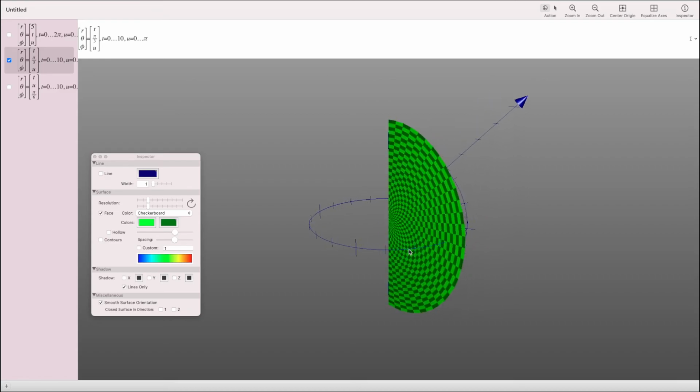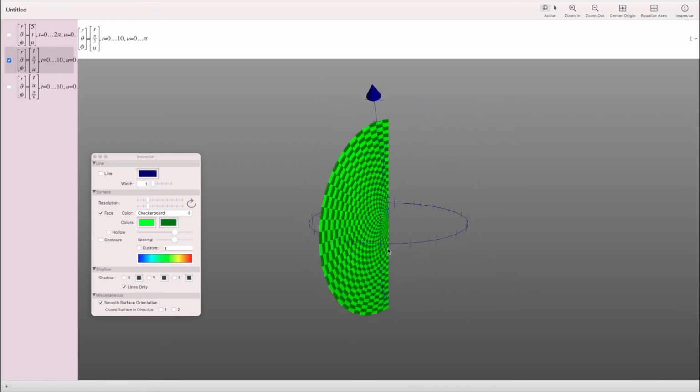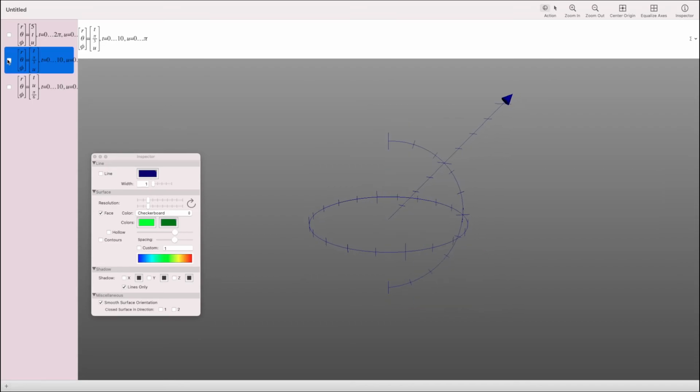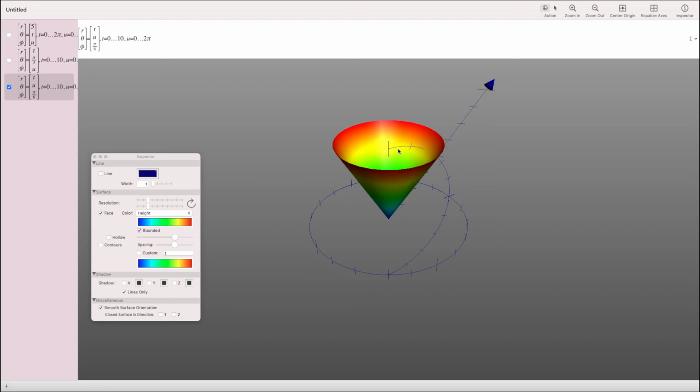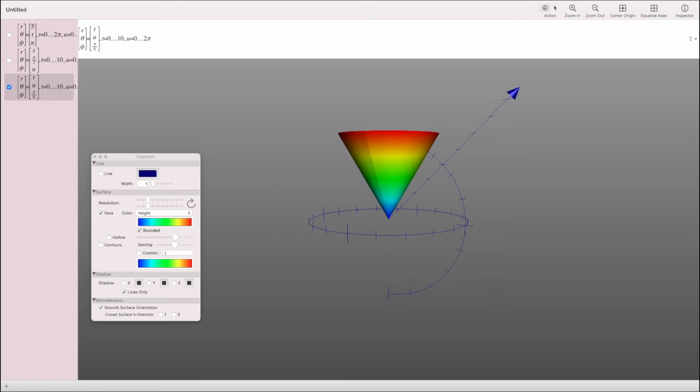You see, it's a half plane. And this is phi equals pi over 6, so the angle from the positive z-axis is pi over 6. Theta is free, so make it round, and this is the half cone. It's like that.